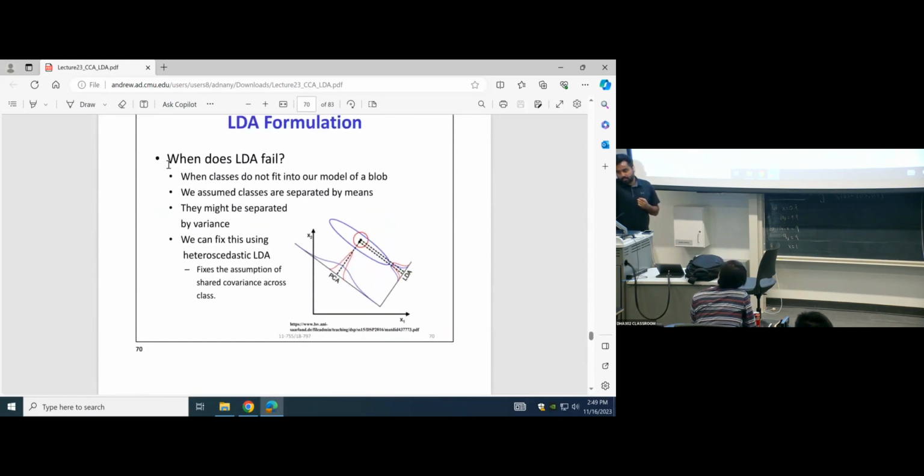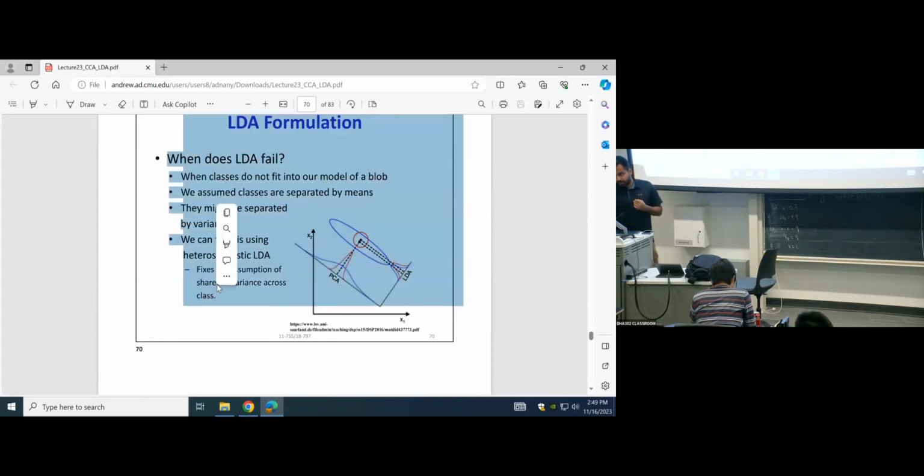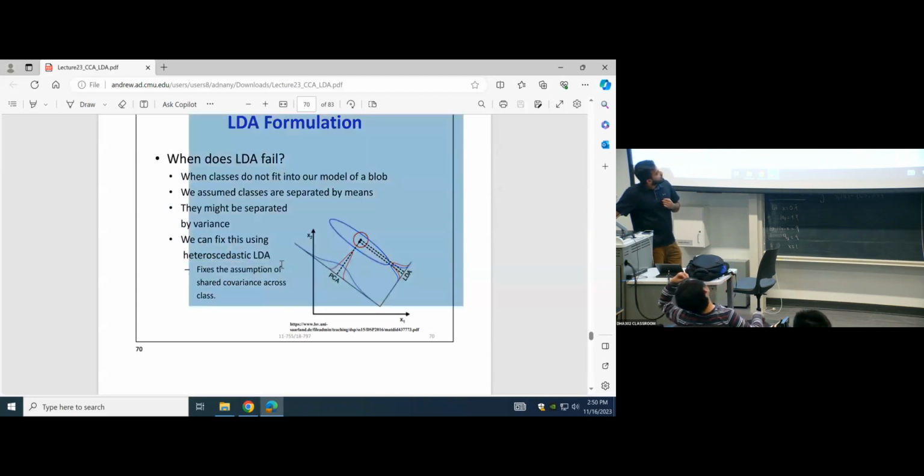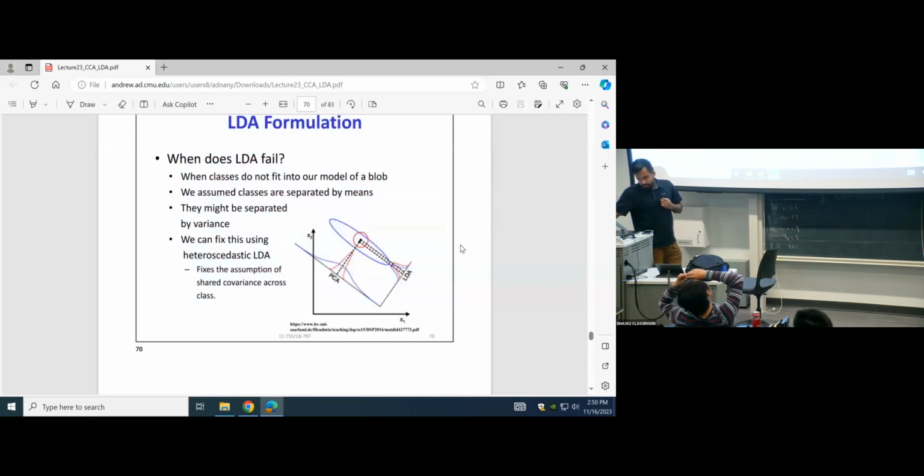So LDA fails. I think let's go over this because this will be in your quiz. When classes do not fit into the model of a blob, then it won't be compact. We assumed the classes should be separated by means. So if they're not, maybe the two clusters don't have a separate mean, or differ by variance. There is another method called heteroscedastic LDA that addresses these issues.